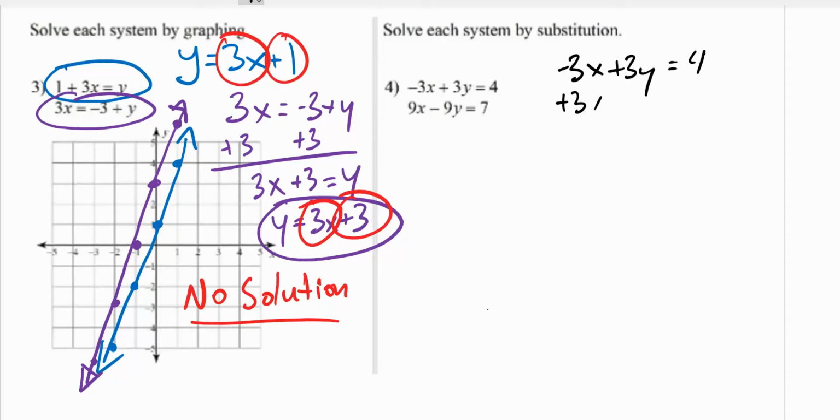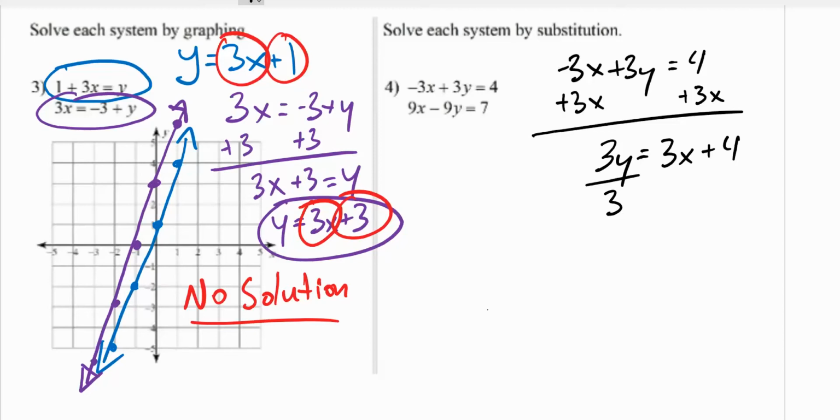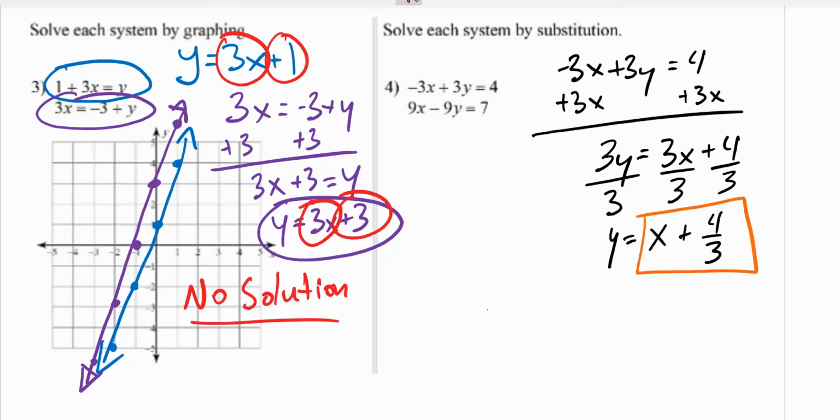And if we add 3x to both sides, we get 3y equals 3x plus 4. And we divide by 3. And we get y equals x plus 4 thirds. And so now we're going to substitute this in for our value of y in the second equation.